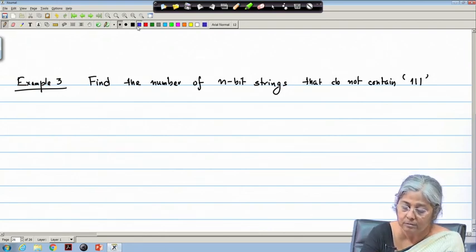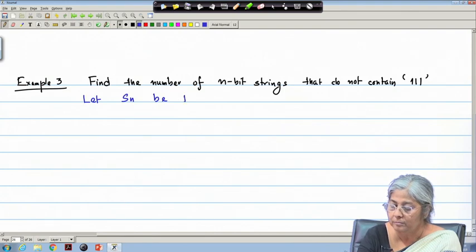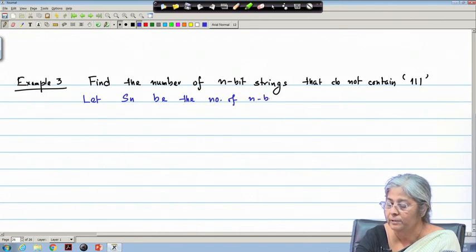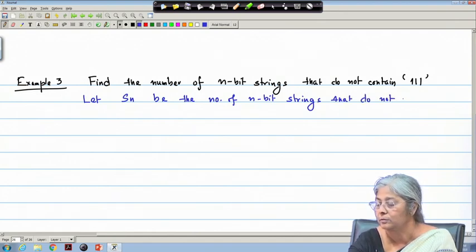So, let Sn be the number of n bit strings that do not contain the 111 pattern.